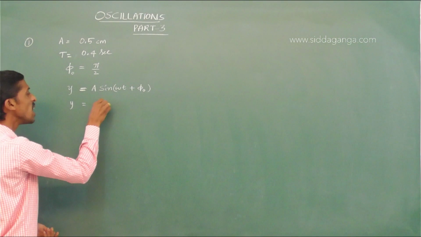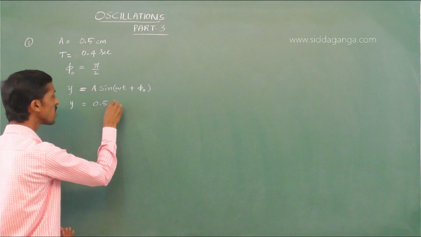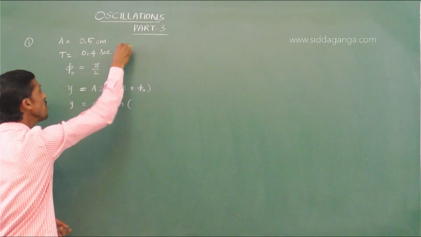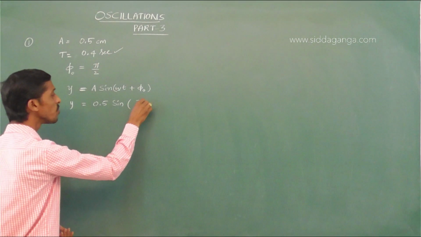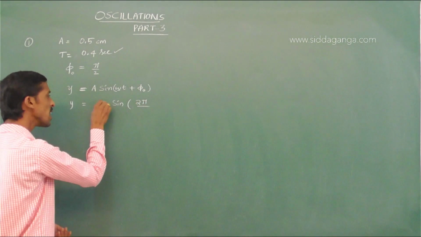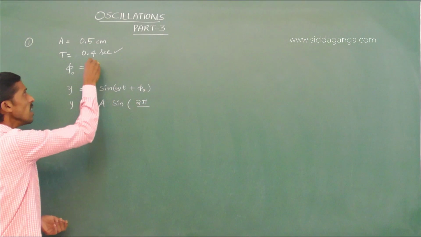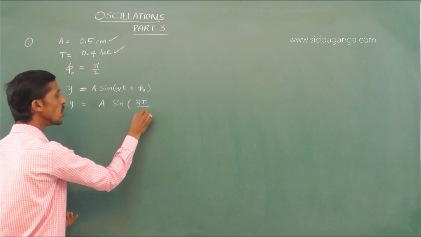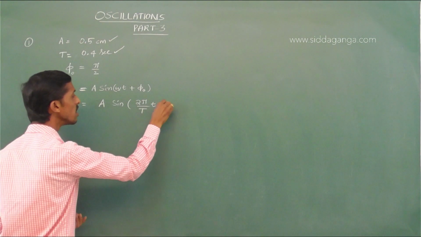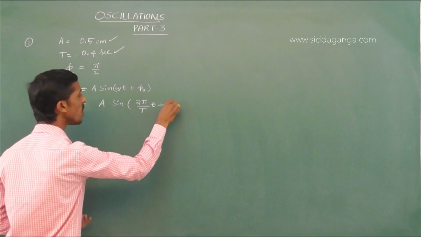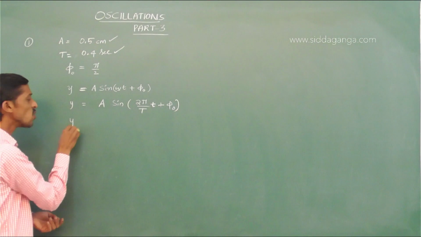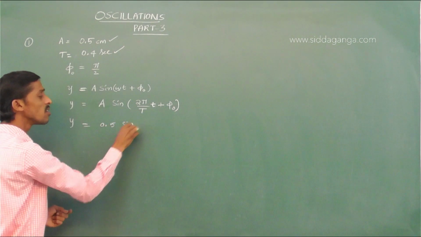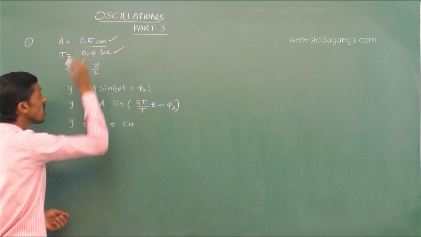Amplitude is 0.5, omega is the angular frequency. Time period is given. Omega is nothing but 2 pi by T. Amplitude is given, time period is given. In terms of that, y equals A sin(2 pi by T into t plus phi). Now y is equal to 0.5 sin, it is mentioned in centimeters.